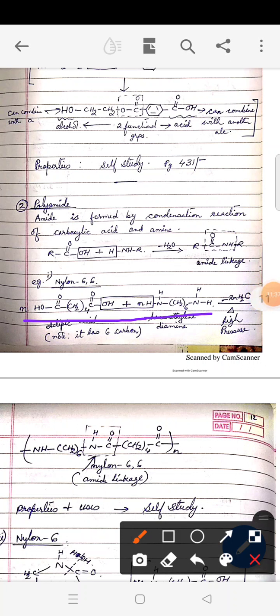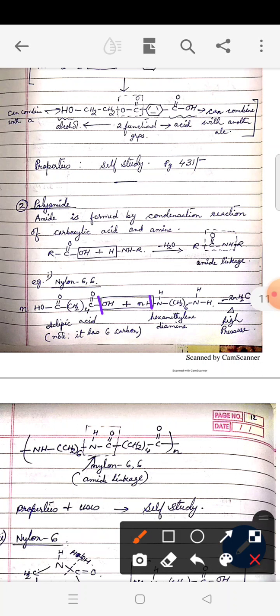So when you heat adipic acid and hexamethylene diamine at high pressure, what you get is nylon 6,6 together with the formation of an amide linkage. So here, from here you can see H is lost and from here OH is lost. So what will be the polymeric structure?